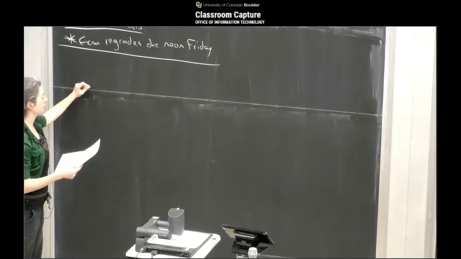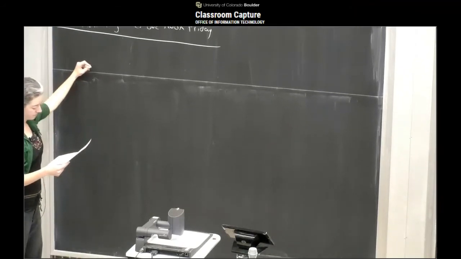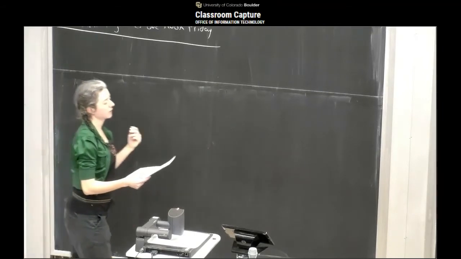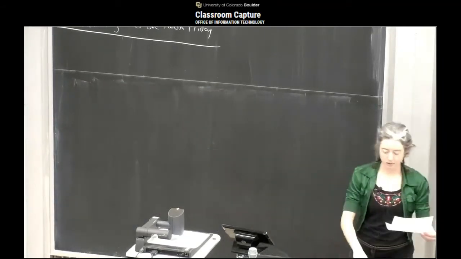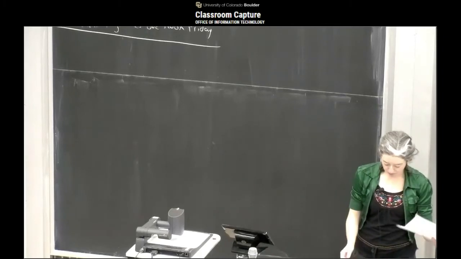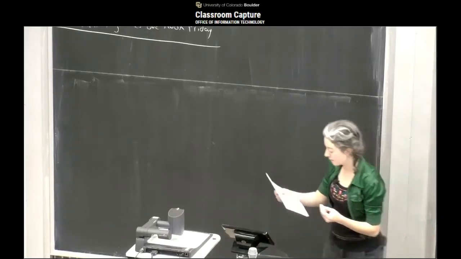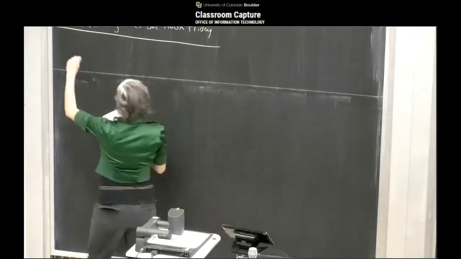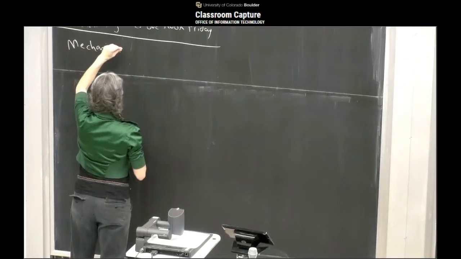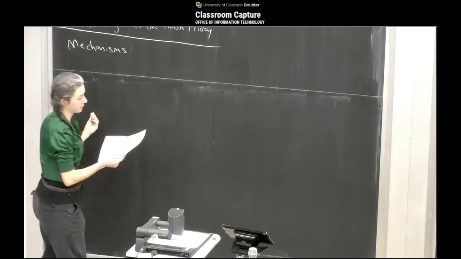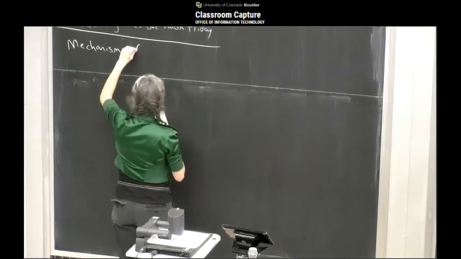But the last two that I covered, we won't get into the mechanisms for until chapter 21. So I'm just putting them up there so we have them for comparison. What I'm going to get into today is the general idea of mechanisms for chapters 20 and 21.